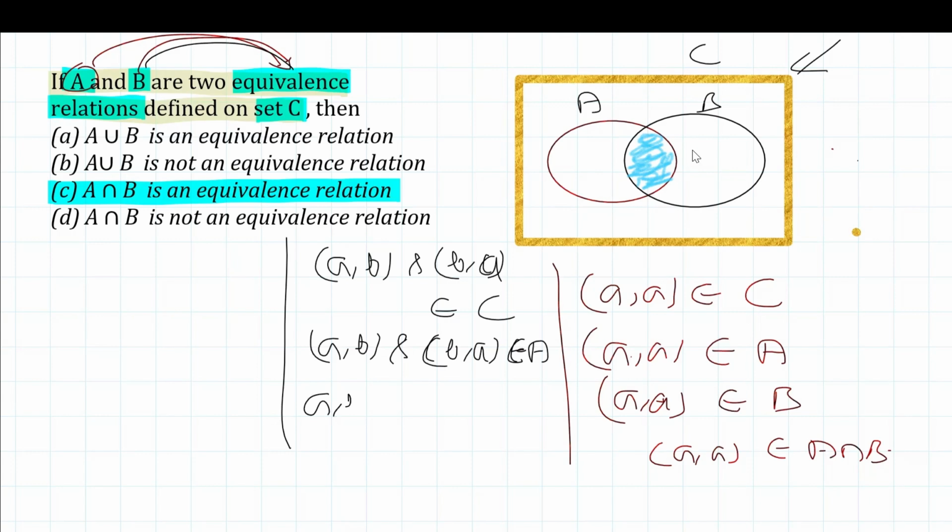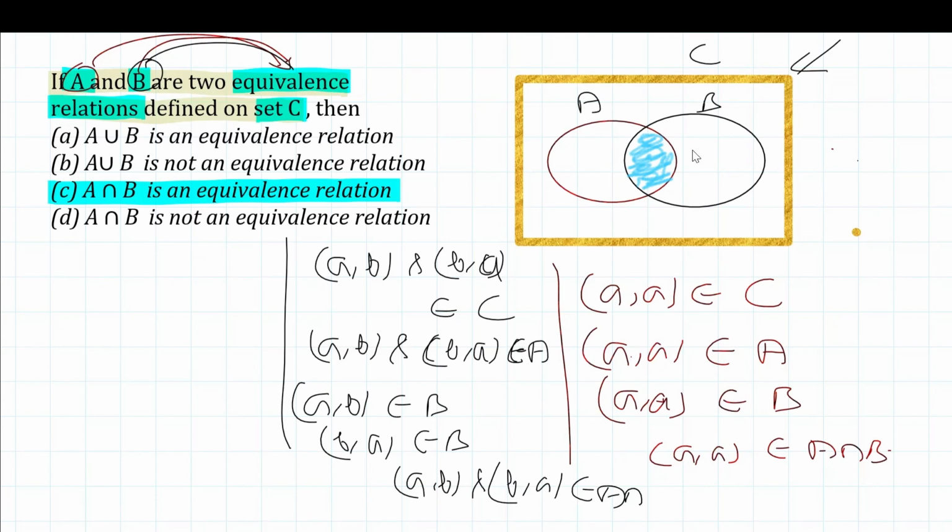B is also an equivalence relation, so if AB belongs to relation B, then BA should also belong to relation B, for the same reason. So if AB and BA both belong to A as well as B, we can say that AB and BA must belong to A intersection B.